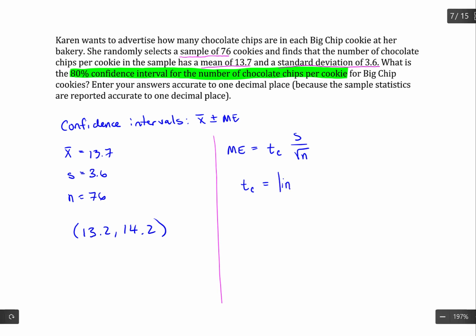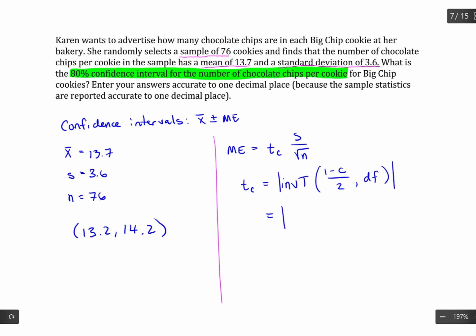So we use the inverse t function of the value 1 minus the level of confidence divided by 2. The only difference in the t distribution and the normal in terms of input is the second input is a number of degrees of freedom. And the number of degrees of freedom is just one less than your sample size.